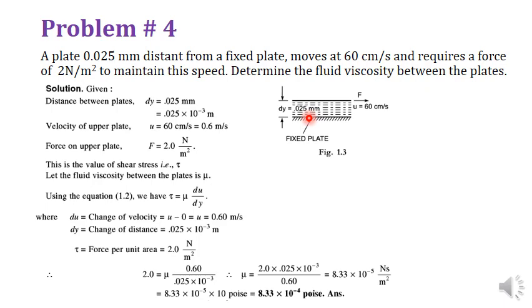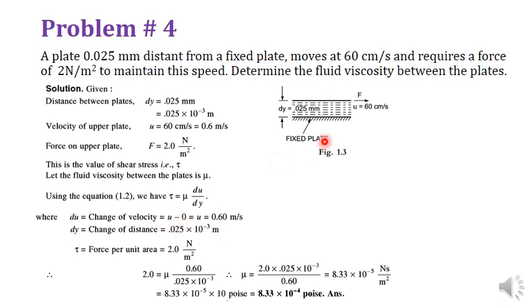So which layers must we consider? One layer just above the fixed plate and one layer just below the moving plate at the top. In between we have this dy, the distance between these two layers. The velocity gradient needs to be determined between these two layers. Okay, so we have u minus 0.